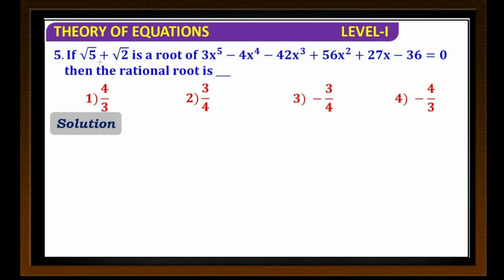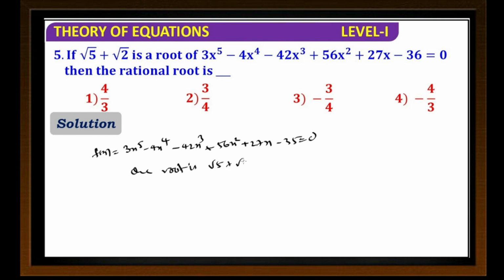Now, fifth question. Root 5 plus root 2 is a root of this fifth degree equation. Then the rational root is... Given f of x equals 3x power 5 minus 4x power 4 minus 42x cube plus 56x square plus 27x minus 35 equals 0.